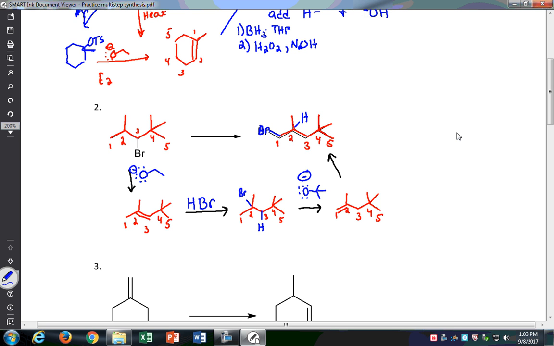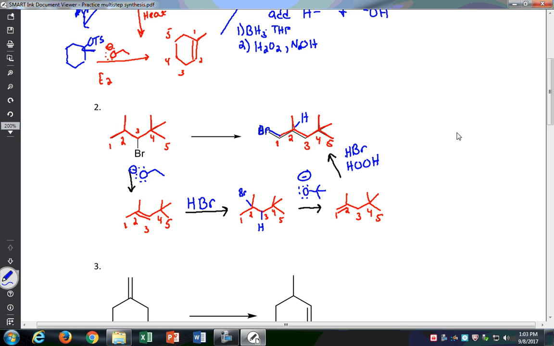And the last step, we're adding another H and Br, but this time our bromine is adding on carbon 1. So that's our anti-Markovnikov. So now we need the presence of peroxide. And we're going to look at that mechanism in a lot of detail in the next chapter. Right now you don't know the mechanism.